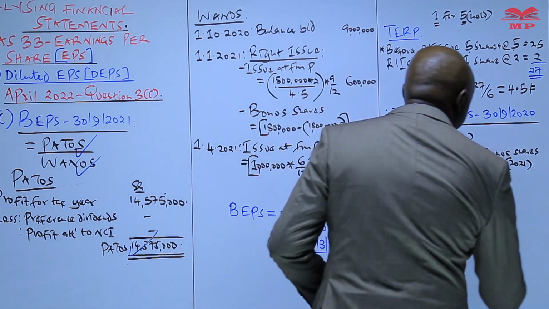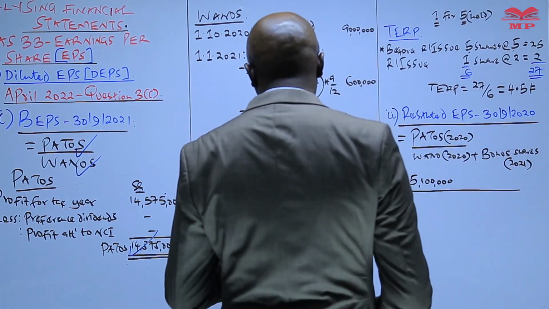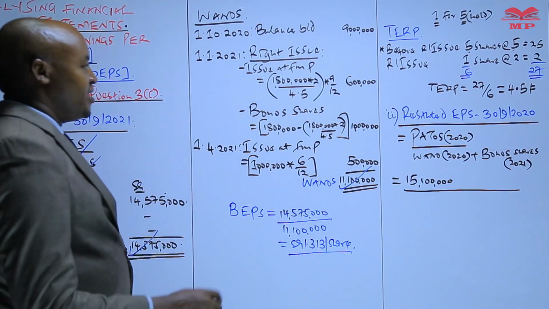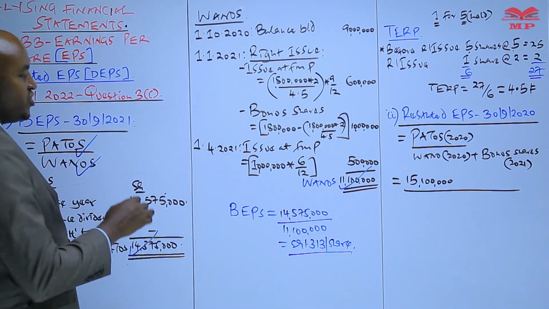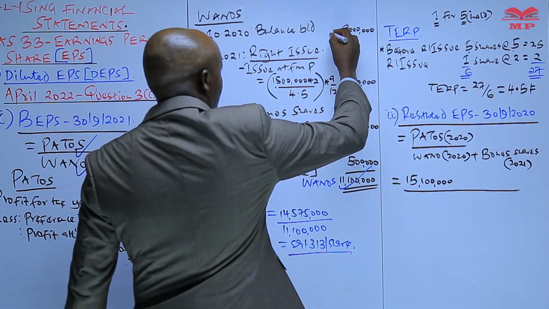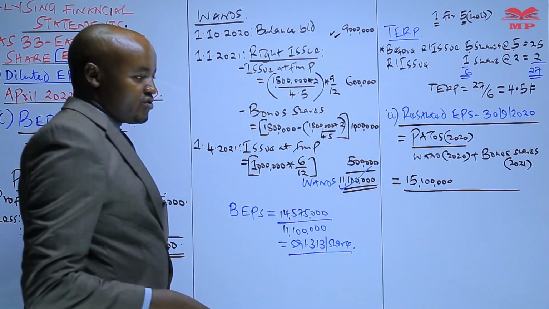divided by the one-offs for the previous year. As far as the previous year, 2020, is concerned, we only know the shares which were issued and fully paid at the end of 2020, which were the same as the shares issued and fully paid at the start of the current year.